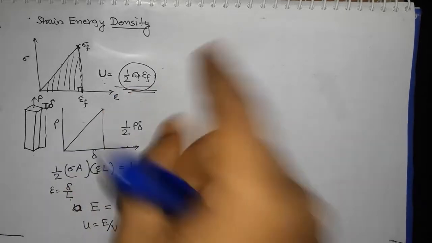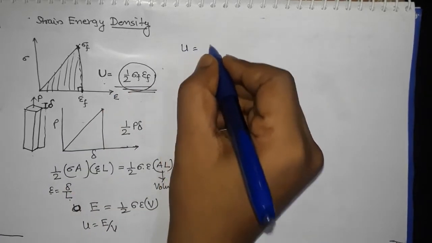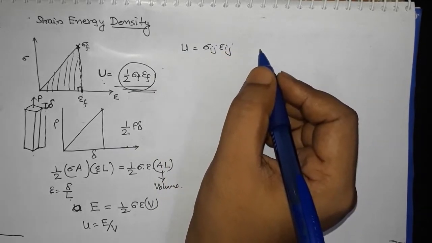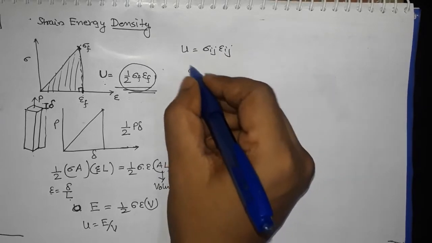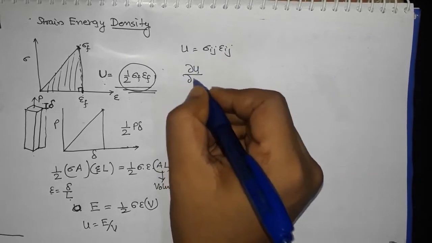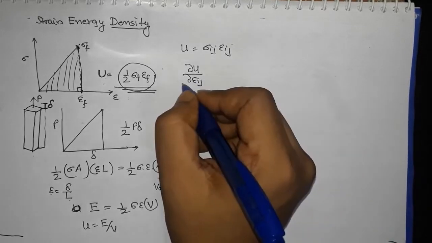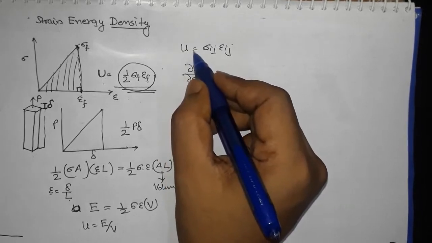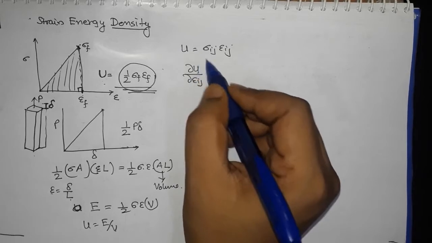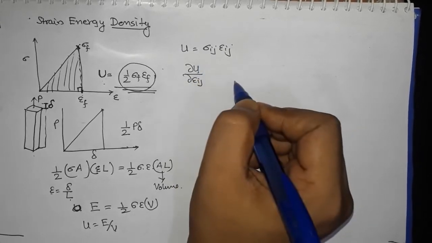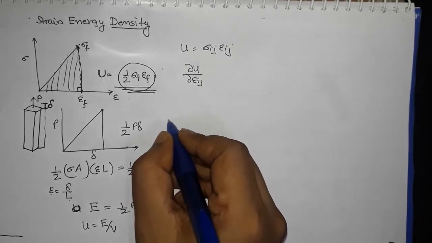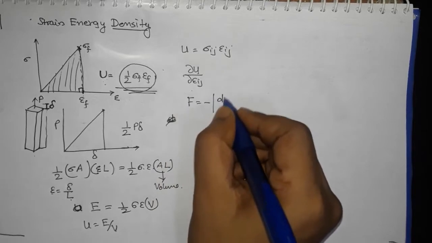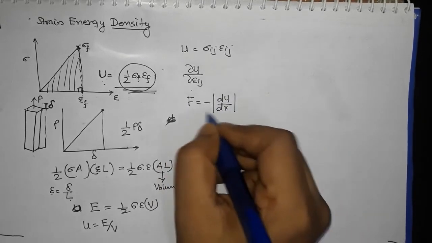And now you can write U at any point of time is equal to half sigma ij into epsilon ij, right? And if you take the derivative of this with respect to any strain component, epsilon ij, what should you get? This is energy, right? And you know that the derivative of energy with respect to distance is a force. So you know that any force comes because of the change in energy, because of energy gradient.